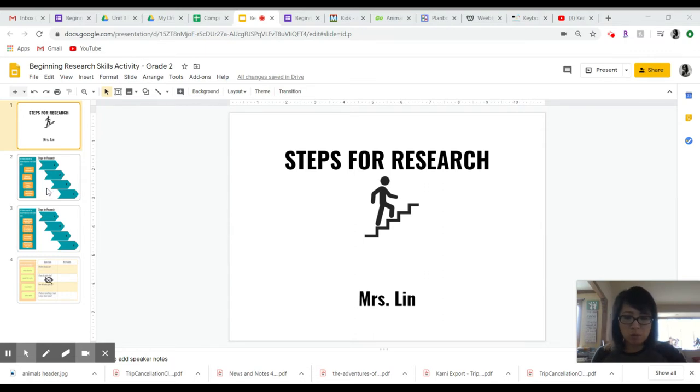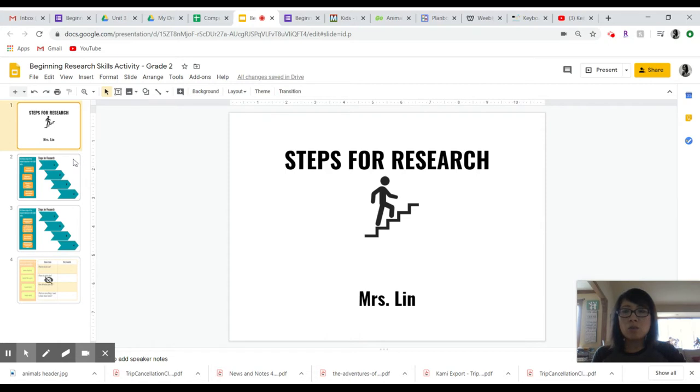So anytime you're looking up information on things that you're interested in, oops, I got out of my screen. That's actually the beginning of research. Now, as you get older, that research process will be a little bit more complicated, but right now we're just going to worry about the four basic steps.